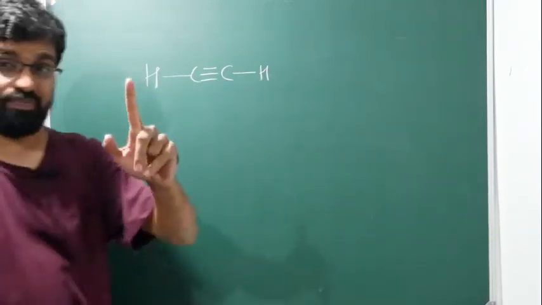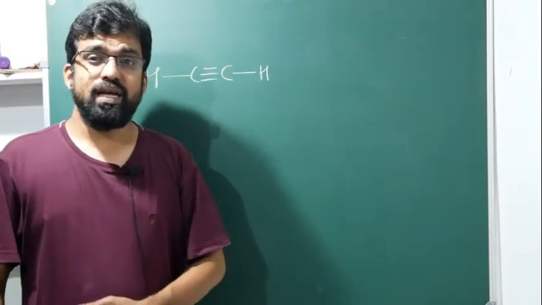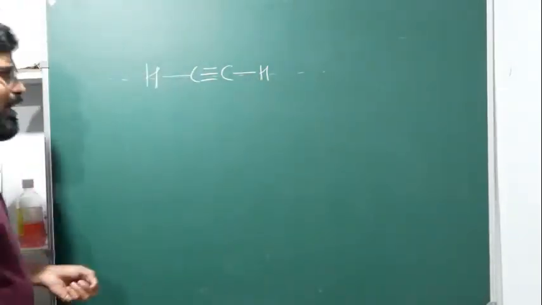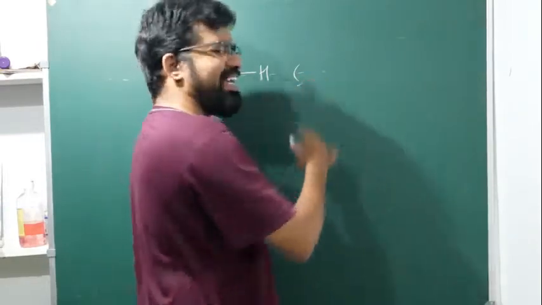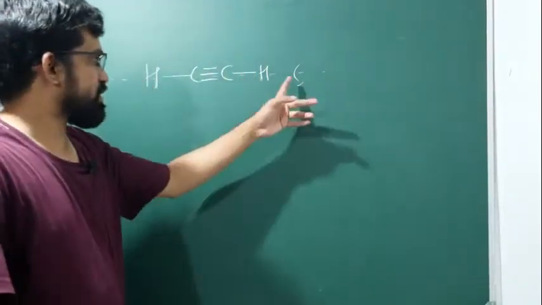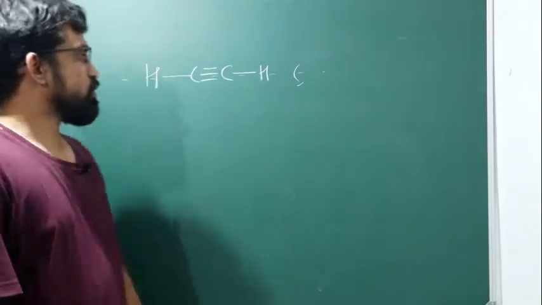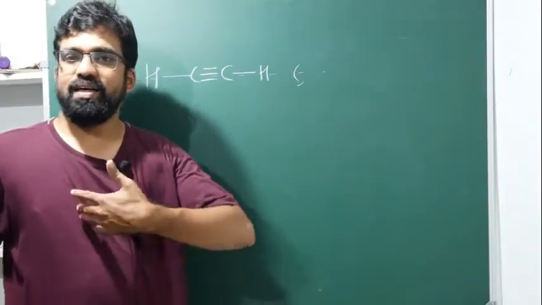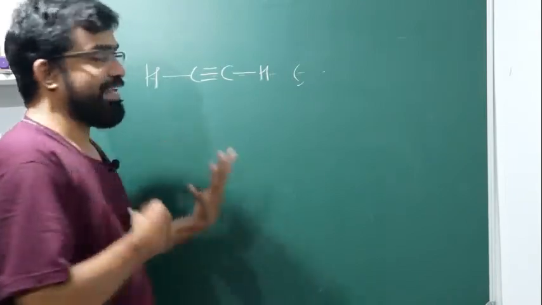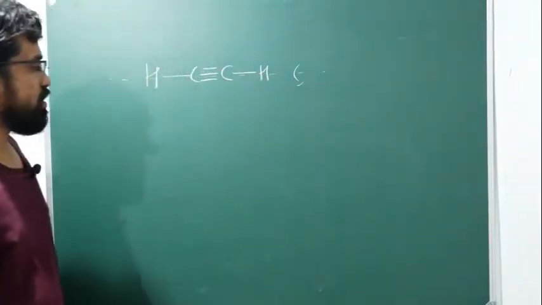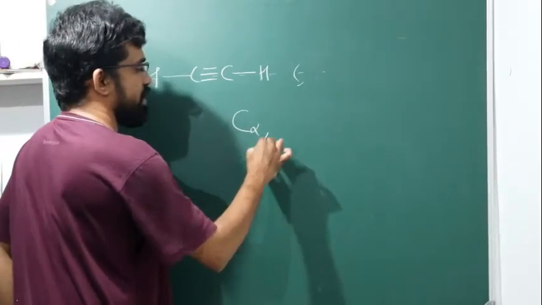It is linear. For all linear molecules, any degree of rotation, any infinite degree of rotation along this axis is a symmetry operation. So, as I told you, it is C infinite. So you can say that C infinite is there.